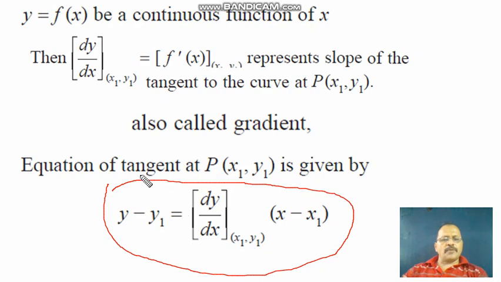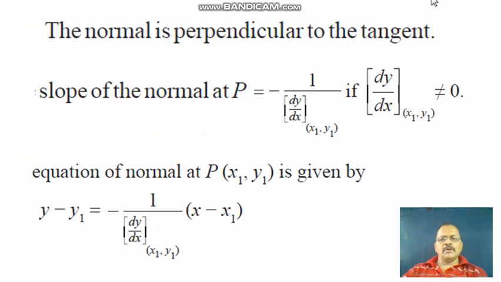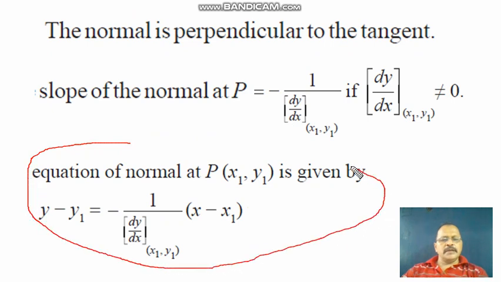And therefore to obtain the equation of tangent, I need dy by dx at (x1, y1). Also we have seen the equation of normal at point P (x1, y1) is y minus y1 is equal to minus 1 upon dy by dx at (x1, y1) into x minus x1. So here again I want this dy by dx at (x1, y1).